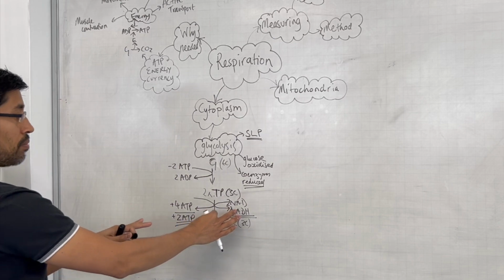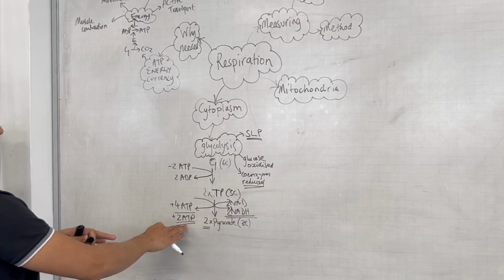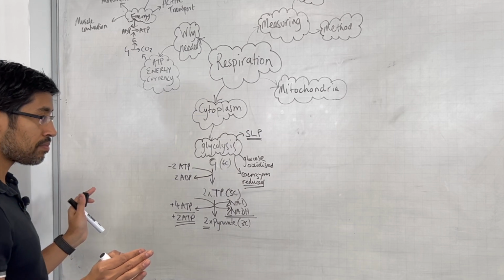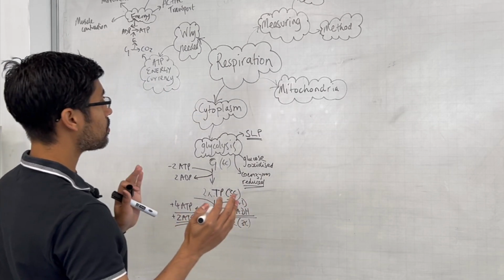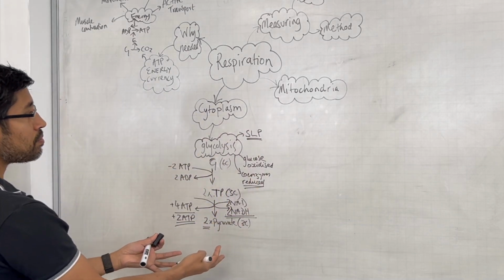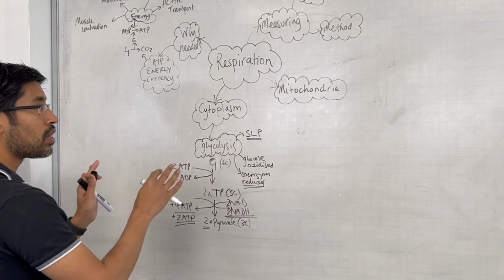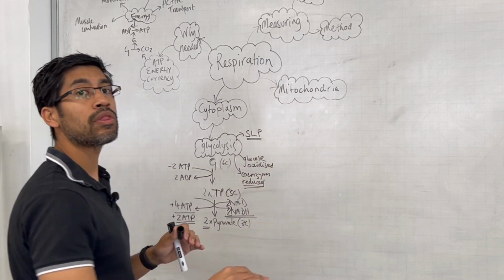So that's important in that context. And these ATP molecules are nice to have as a bonus. Right. So now that the cytoplasmic part of respiration is done, glycolysis is done, we then move on into the mitochondria.